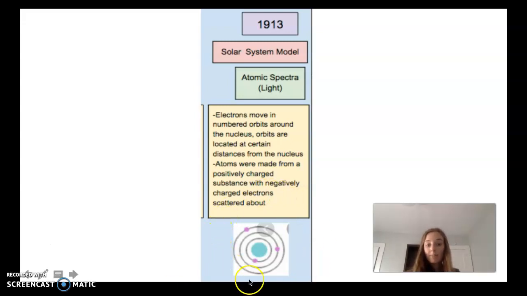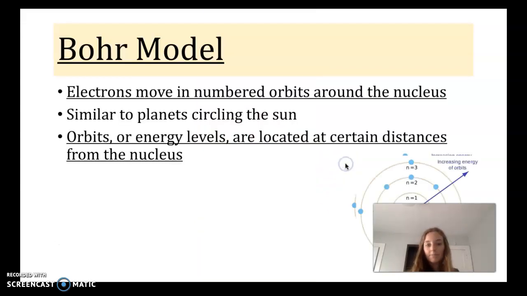So this was the model we were looking at, and it's kind of like the solar system, things orbiting the sun, but here electrons are orbiting the nucleus. Today we are going to learn how to draw these Bohr models, as they will help us later in the year as we continue to make discoveries.